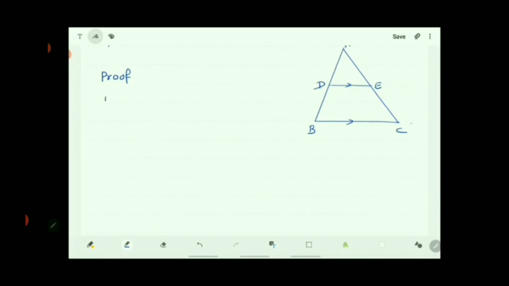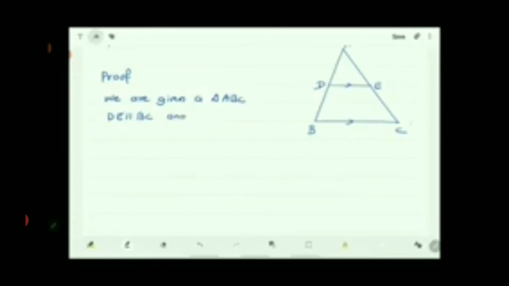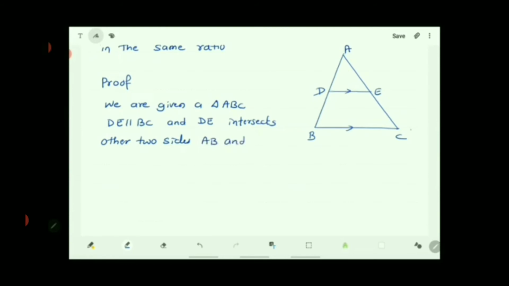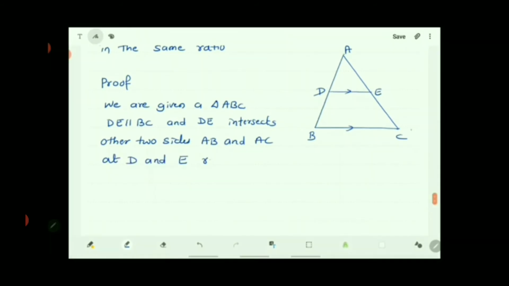Here we are given a triangle ABC in which DE is parallel to BC, and DE intersects the other two sides AB and AC at D and E respectively.